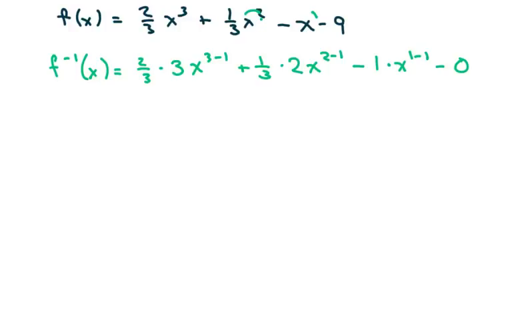And cleaning this up, when you clean this up, you're going to get 2x squared plus 2/3 x minus 1. All right, and that's all.